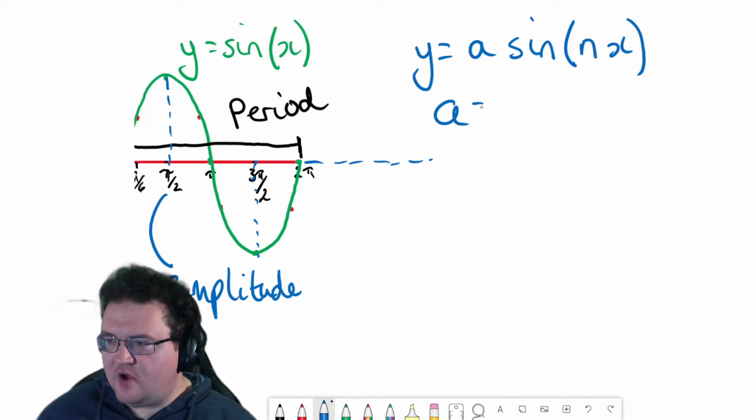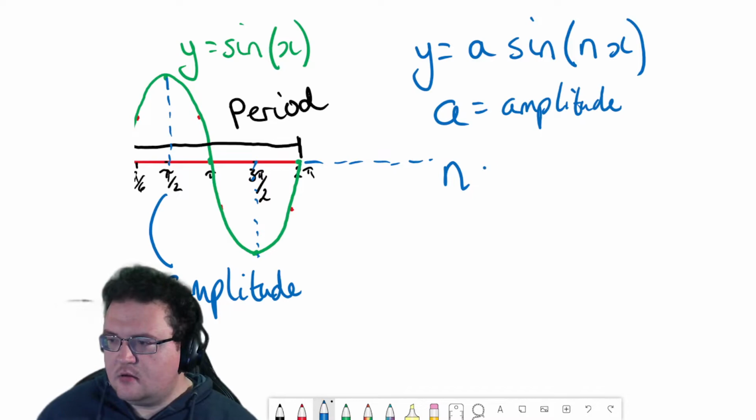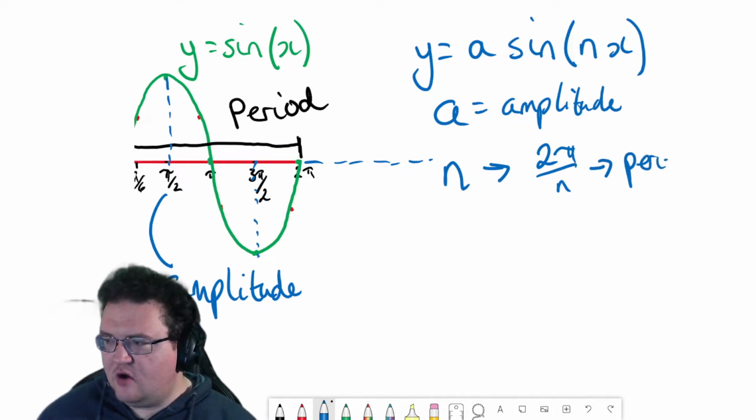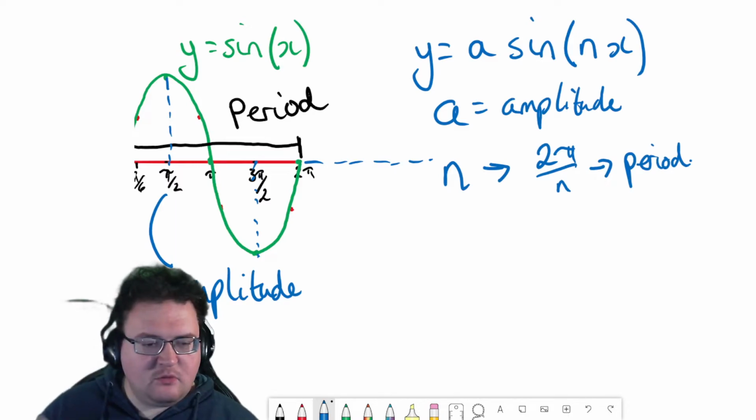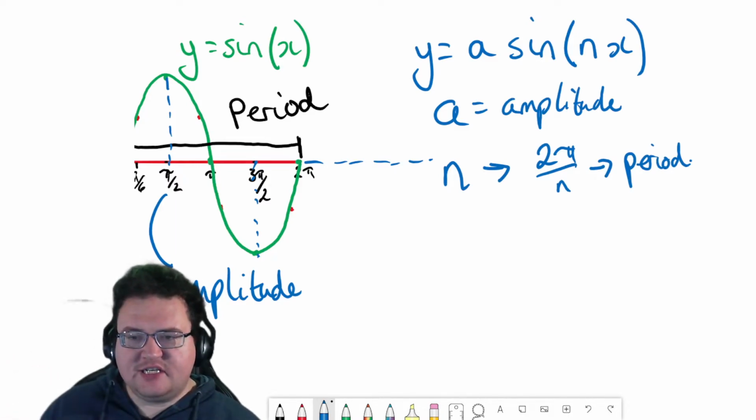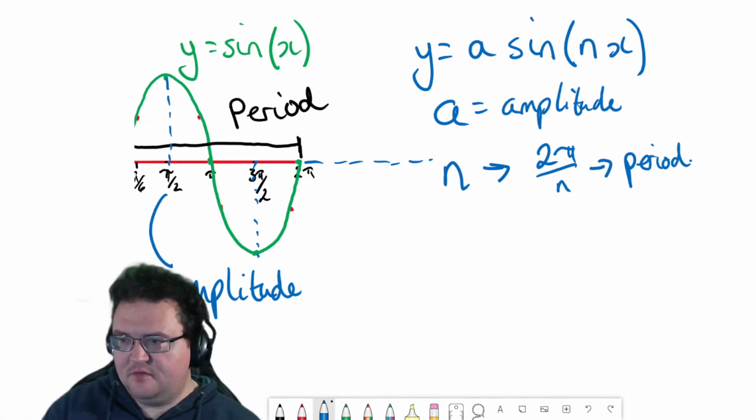So a is your amplitude, and n goes into a formula of 2 pi on n, and that gets you the period of your graph. So that will tell you how long it takes for a graph to repeat itself.